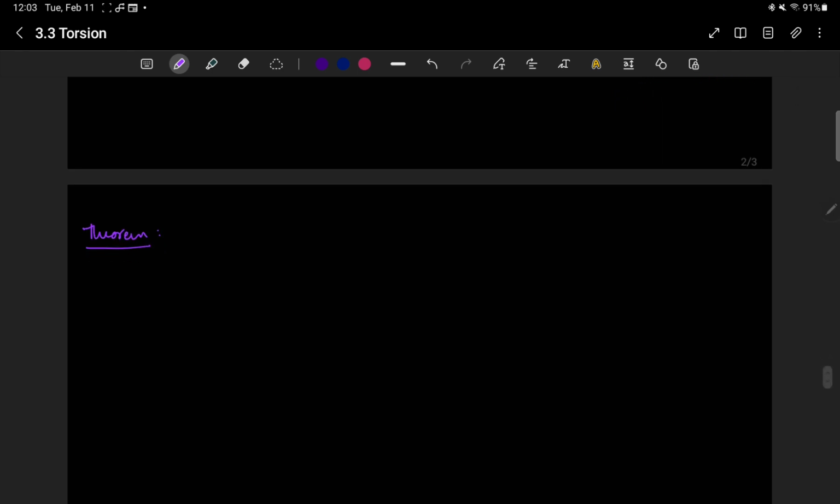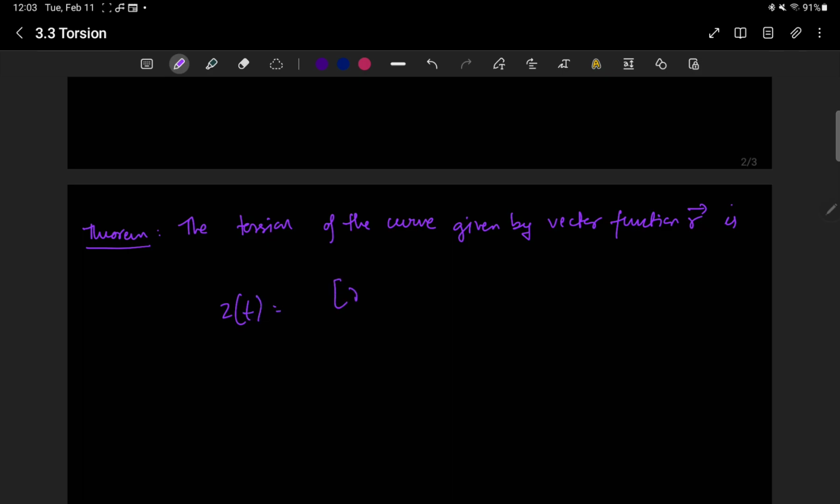Which brings us to the last result. This is a theorem that I will state without proof. The work is similar to the theorem for curvature. The torsion of the curve given by vector function r is going to have again a bunch of familiar things.